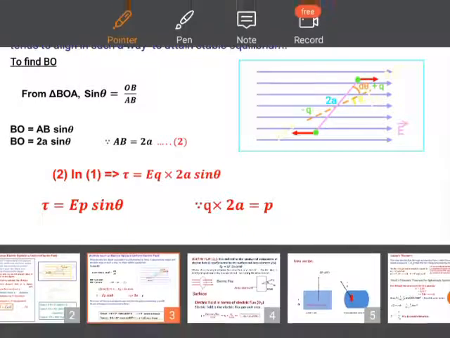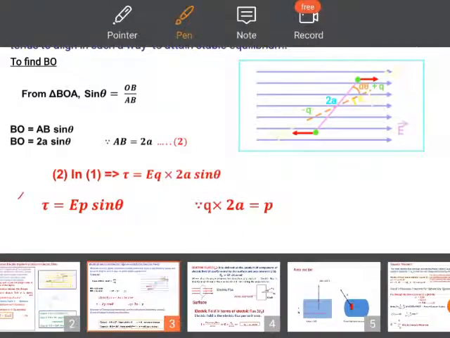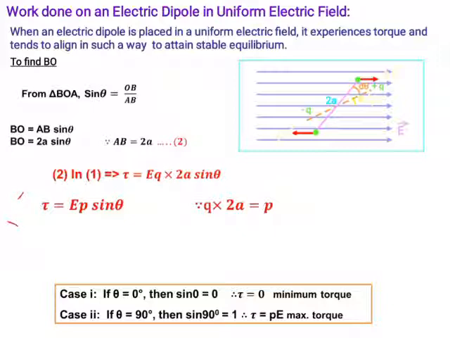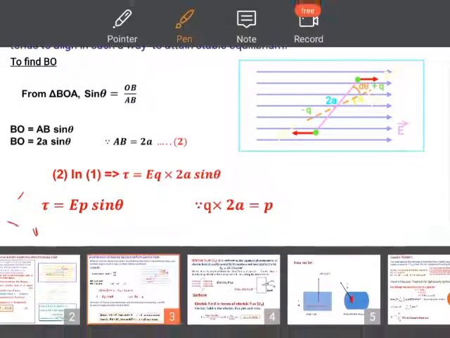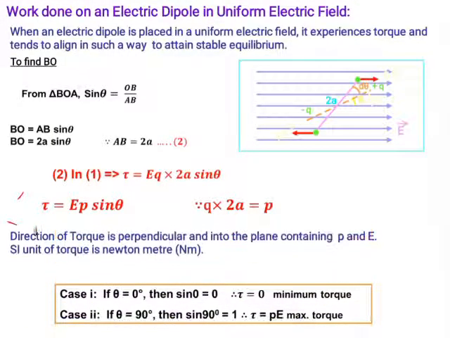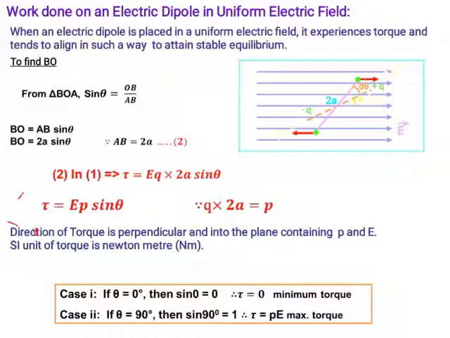This is the final expression for the torque. Therefore, tau is equal to EP sin theta. The direction of torque is perpendicular and into the plane containing P and E. The SI unit of torque is Newton meter.